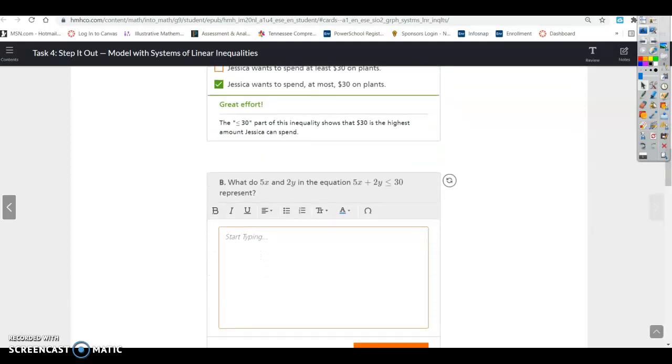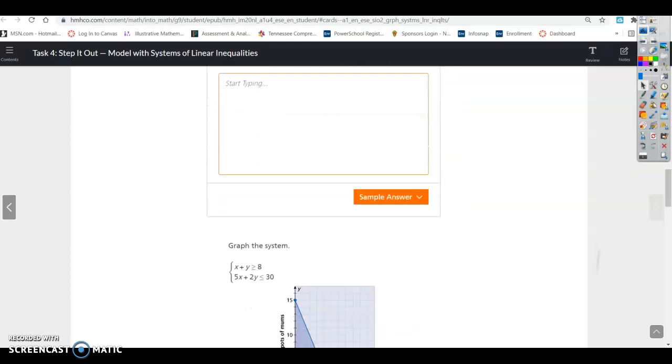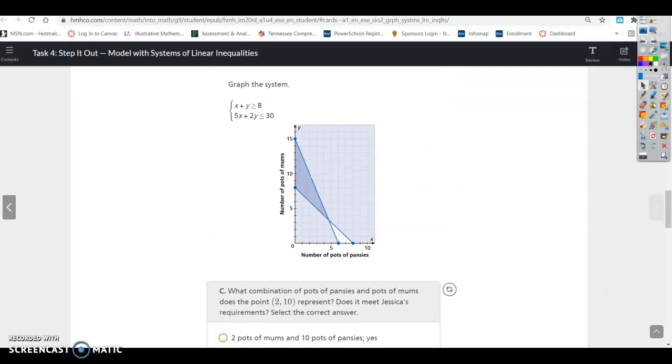All right, it says, what do 5x and 2y in the inequality represent? $5 times the number of pansies and then $2 times the number of mums is less than or equal to the $30.